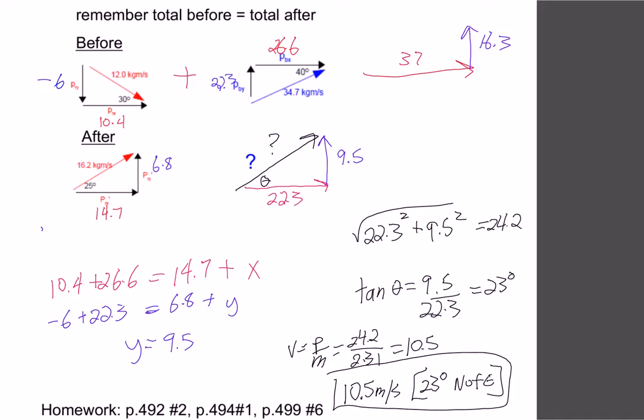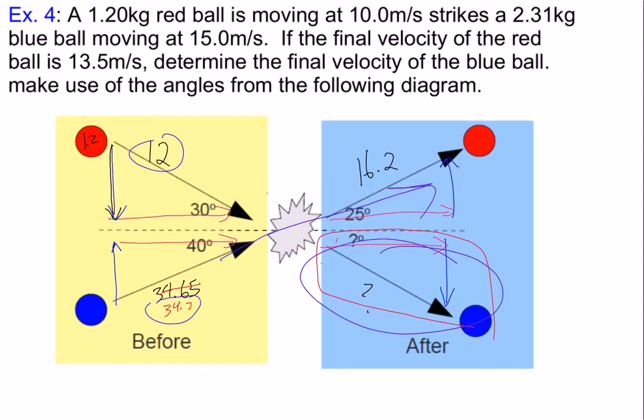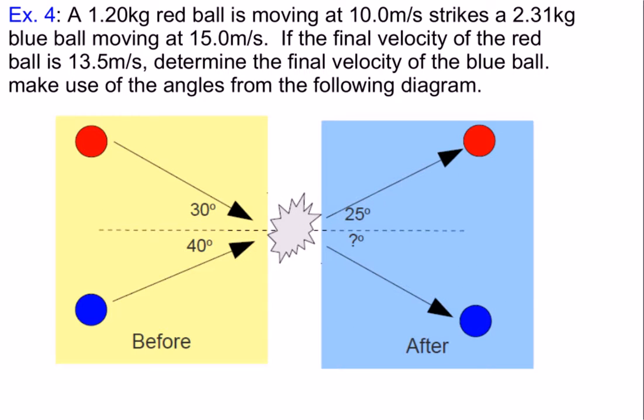So let's go back and see if that makes sense. 10.5 going at 23 degrees. If we go back to our original one, let me clear all of the writing here. Our original one was 1.2 kilograms. This one was 2.31, so the blue one was quite a bit larger. Our red one was going down at 10, the blue one was going at 15, so it was quite a bit faster.